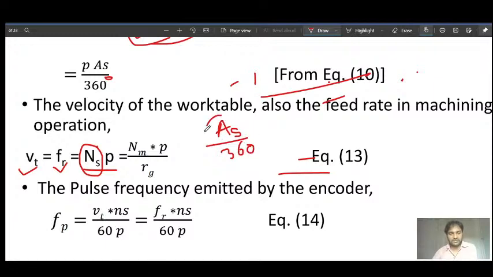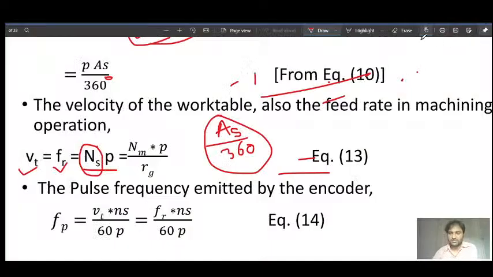NS is for rotation per minute, so we will not use this.